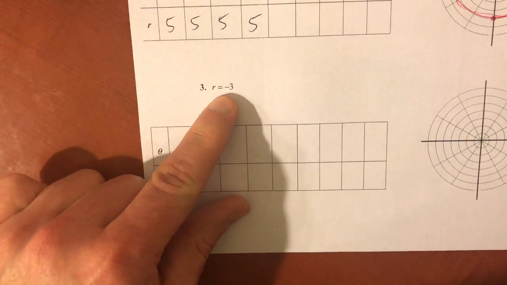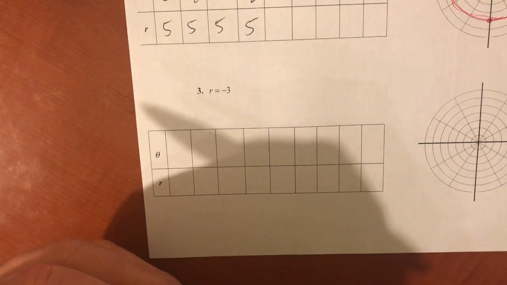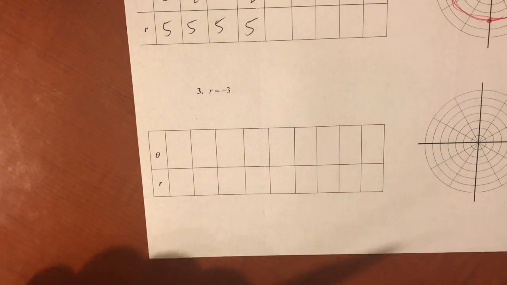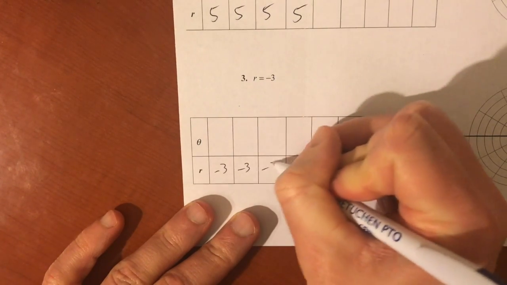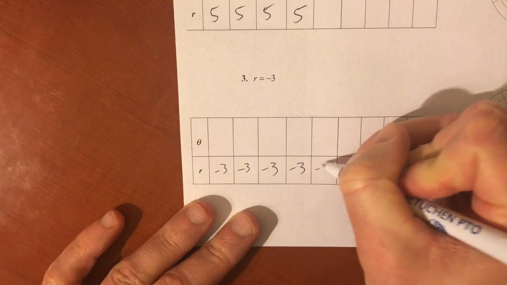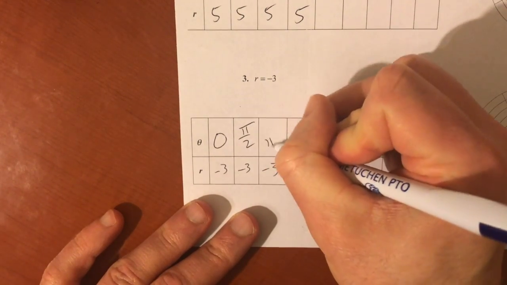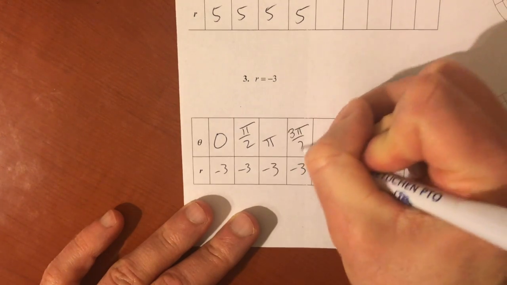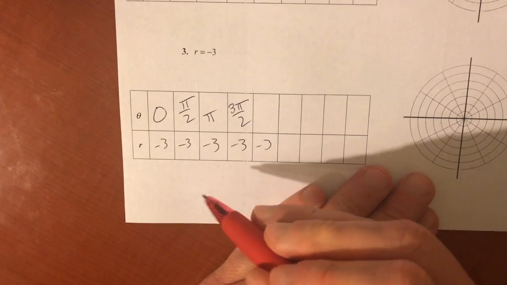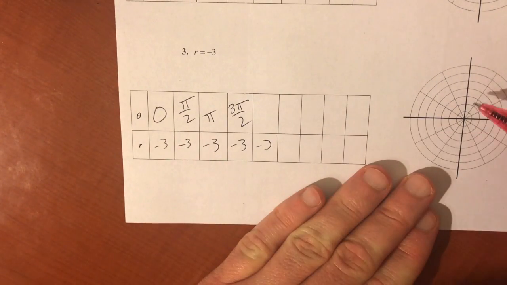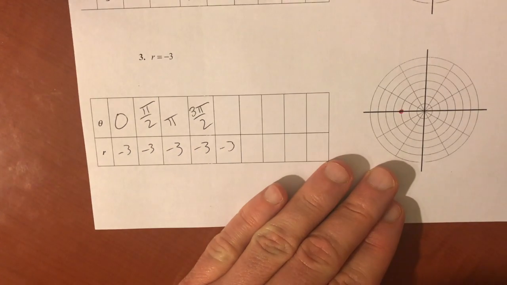So if r is -3, you don't think of a circle as having a negative radius, so that might give you a little pause for concern, but r is fixed at -3. Again, pick whatever theta values you want. I'm just using the quadrantal ones because they're easy to work with. You should certainly use some other angles if you like. 0, -3 just means you're going to be right there.